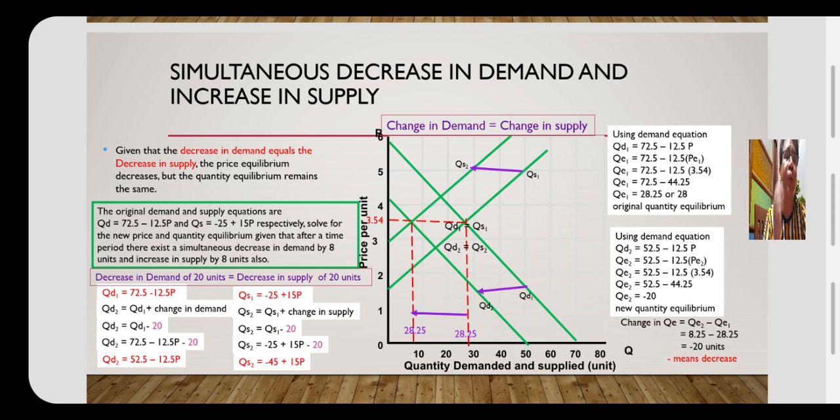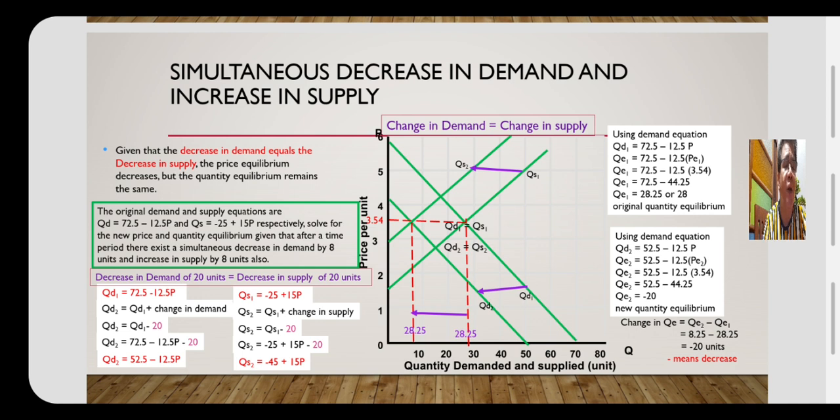So please make a correction that the value of the new quantity equilibrium is 8.25, which is actually correct in this particular computation.